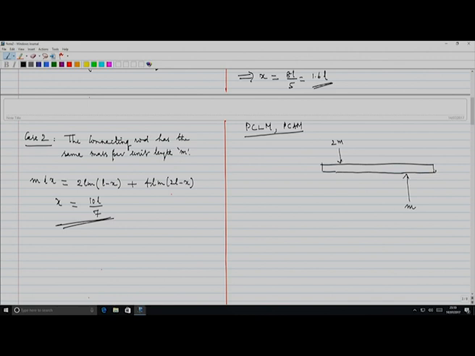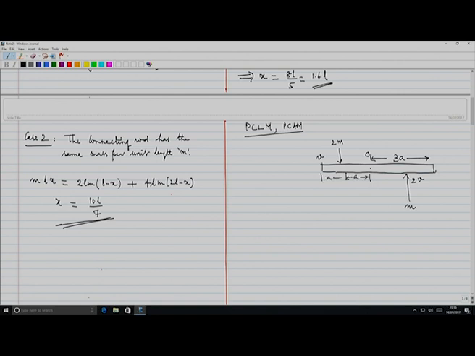Now the velocity of this mass is v. The velocity of this mass is 2v. Right? C is the center of the mass. And this distance is 3a. And this distance is a.